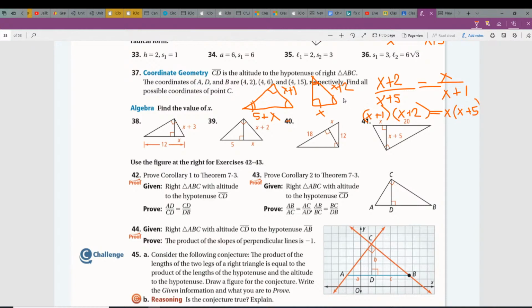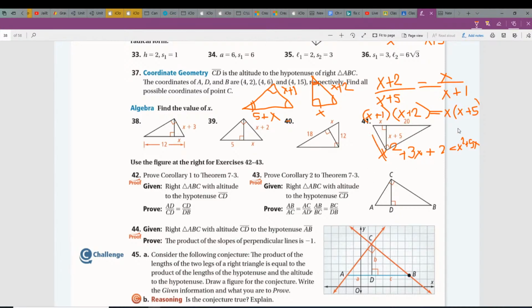Let's multiply this out. We're going to eventually end up with the quadratic. 1x plus 2x is 3x, and then 1 times 2 is 2, equal to x squared plus 5x.